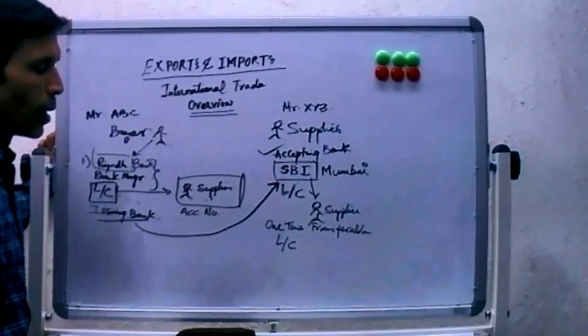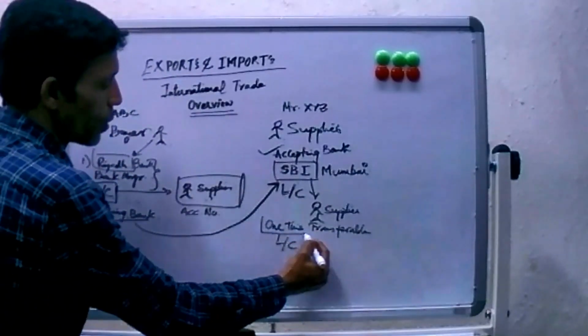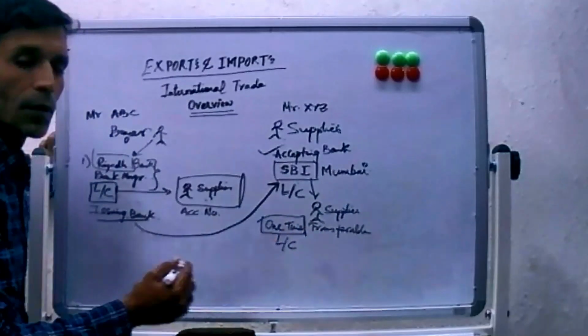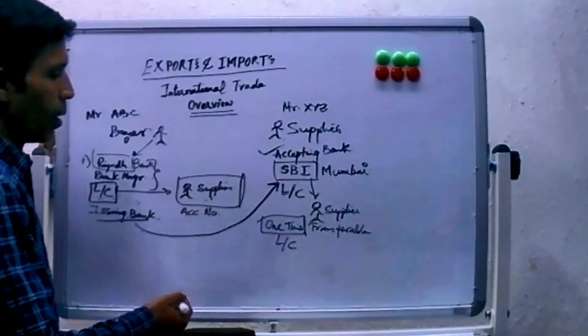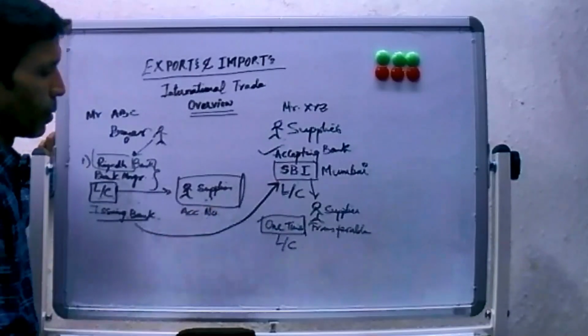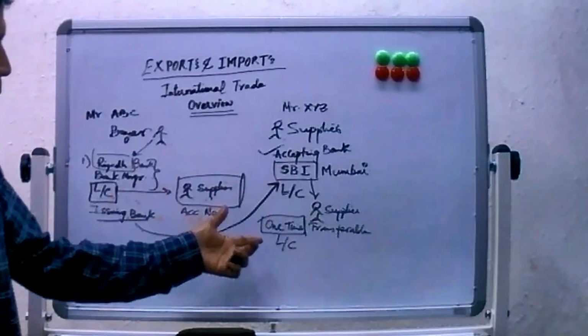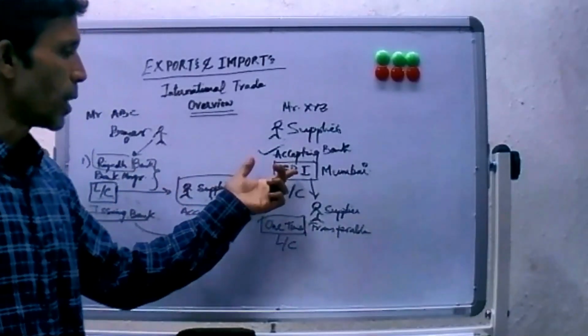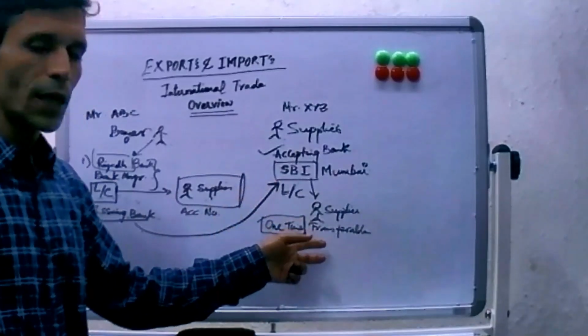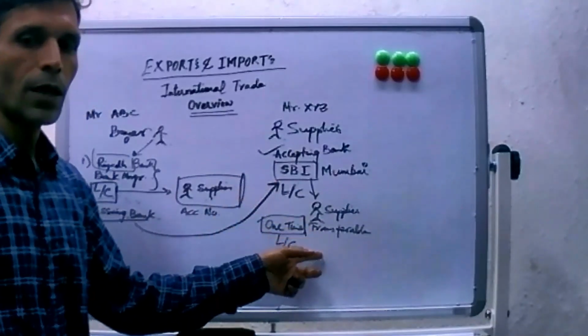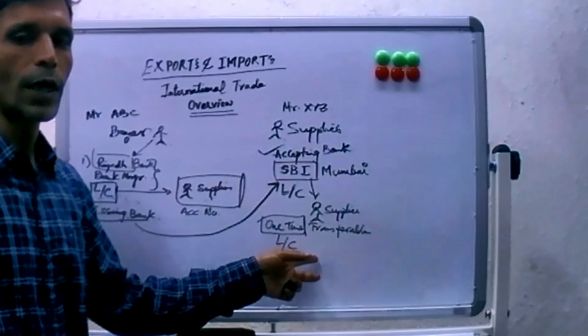That means this LC can be transferred only one time to some other party's name if required. So once SBI Bank receives this, they inform the supplier that they have received an LC from Riyadh Bank, and they ask him to take action on it.